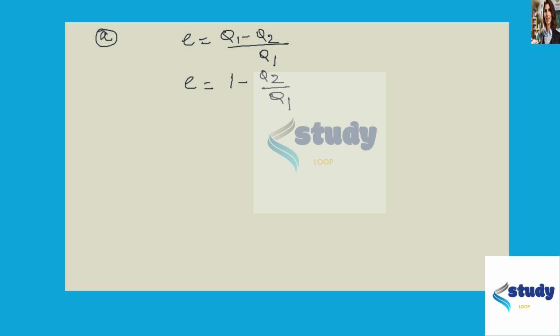So simply putting the value of W from 2 into 1, we get E equal to 1 minus Q2 upon Q1, and take this as equation 5, where now we put the values of Q1 and Q2 from 3 and 4 into equation 5.